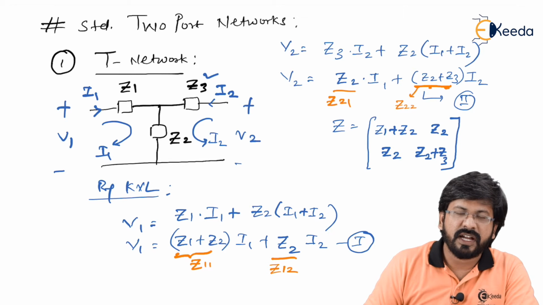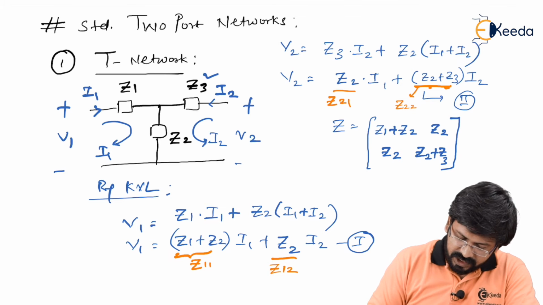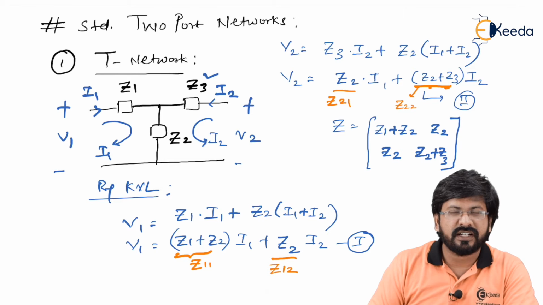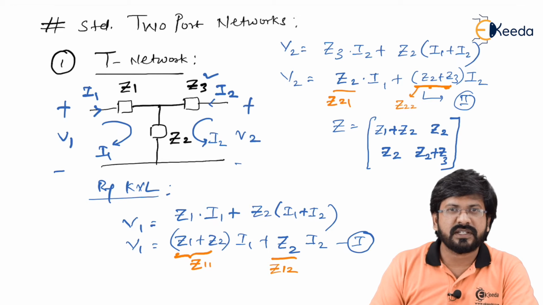Now, the reason why we have solved this is that at the end, only the Z parameters you get over here you have to remember. You will have to memorize this. If you have to calculate Z parameters for a T network that consists of Z1, Z2 and Z3, then Z parameters will be like this row wise: Z1 plus Z2, Z2, Z2, Z2 plus Z3.